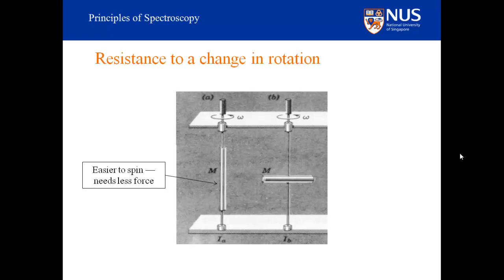That is, its resistance to rotational change is much smaller. The second one, however, is much more difficult to spin at the same rotational speed as the first one because its moment of inertia is a lot larger. This is intuitive, but I agree that rotational motion is not as easy to understand as linear motion.